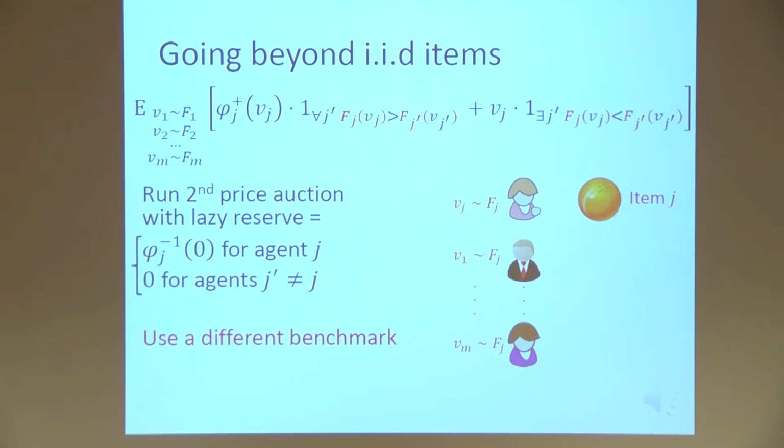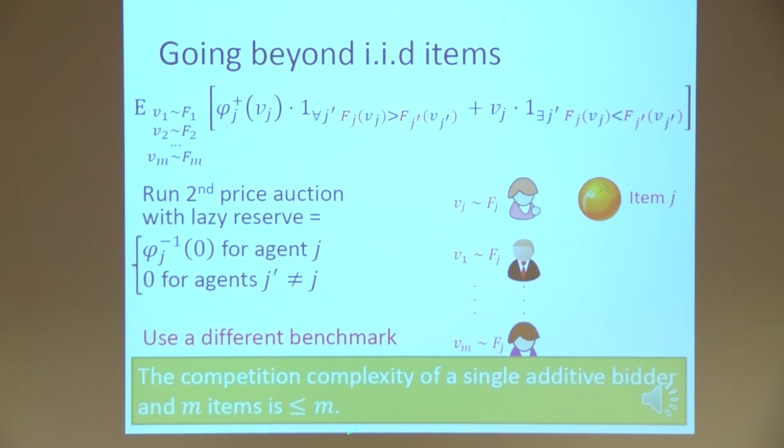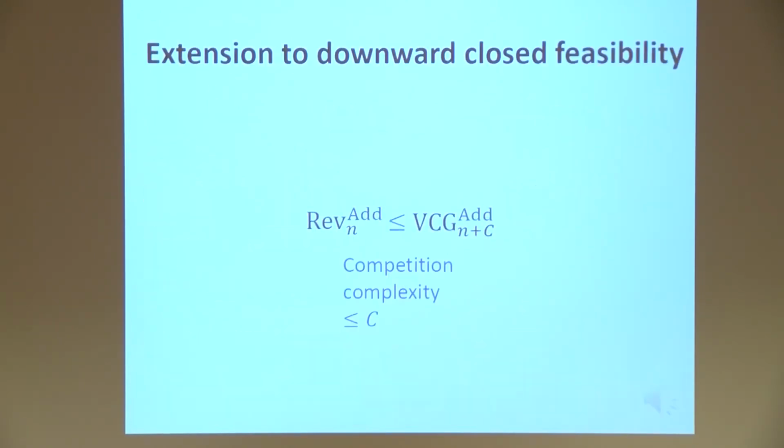And now we can notice that fj of vj is just uniform 0,1, so the probability of item j to be the highest quantile item is just 1 over m, which is exactly the probability of agent j to be the highest valued agent. And the proof follows as I showed you. Therefore, we can also show that the computation complexity of a single additive bidder with different item distributions is also at most m.